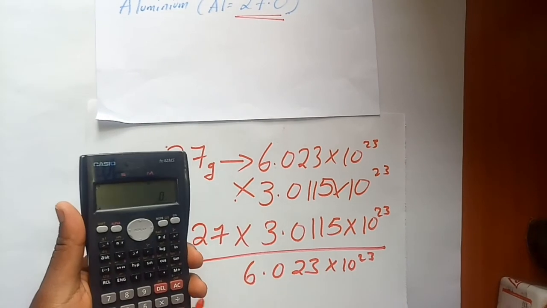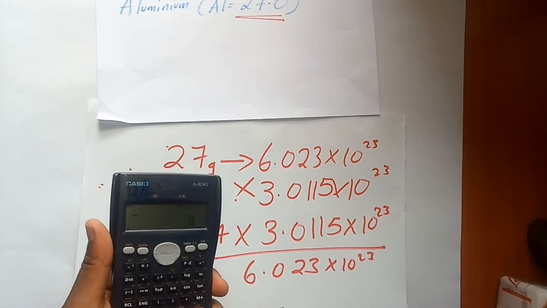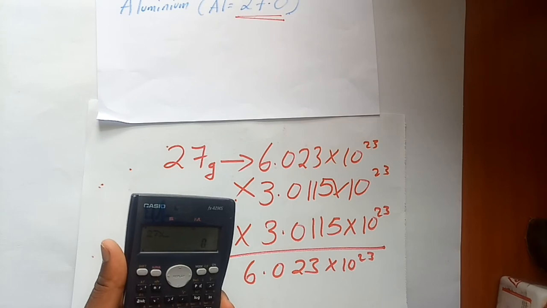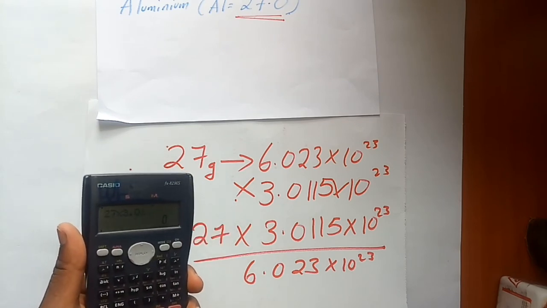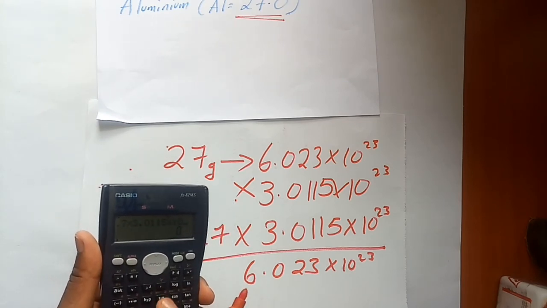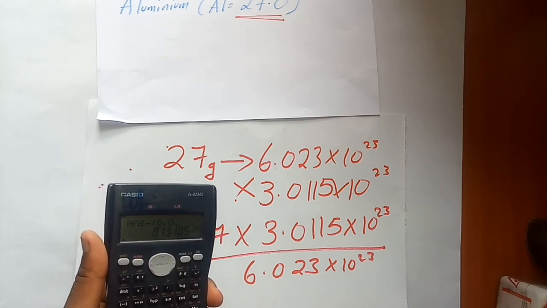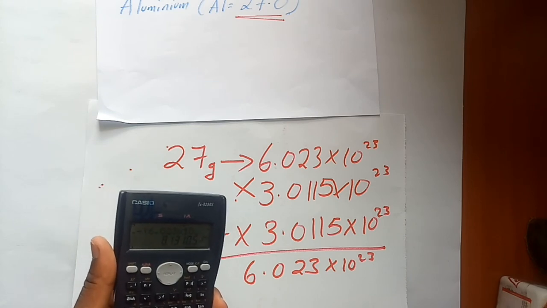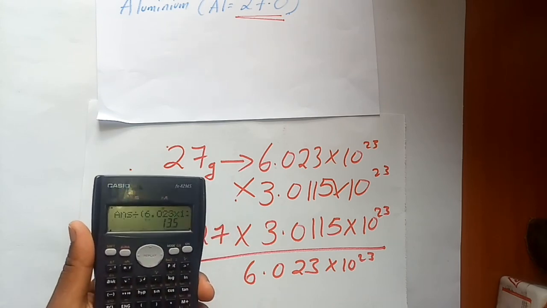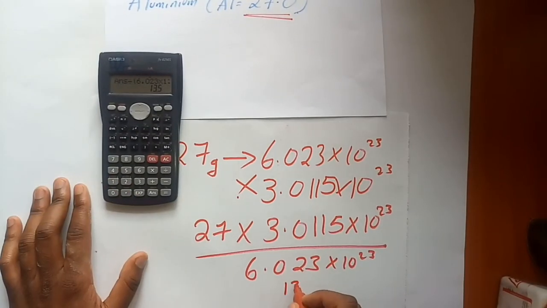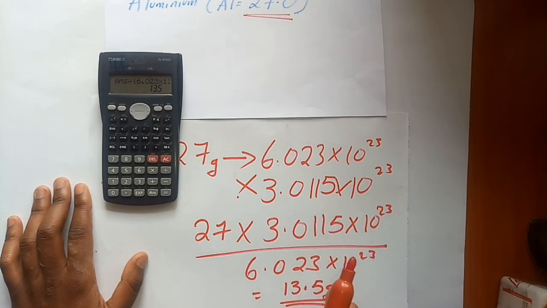So you come and say 27 times 3.0115 times 10 to the power of 23 divided by 6.023 times 10 to the power of 23, and you will get 13.5 grams. So the mass in this number of particles or atoms is 13.5 grams.